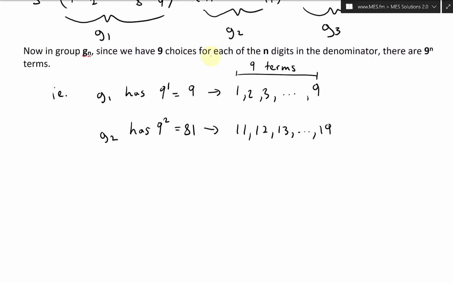And then the next one's 21, and then dot, dot, dot, all the way until 29. And then it goes all the way down until we get 91, dot, dot, dot, all the way until 99. In other words, this is 9 rows. So we have 9 rows of 9, so 9 times 9.